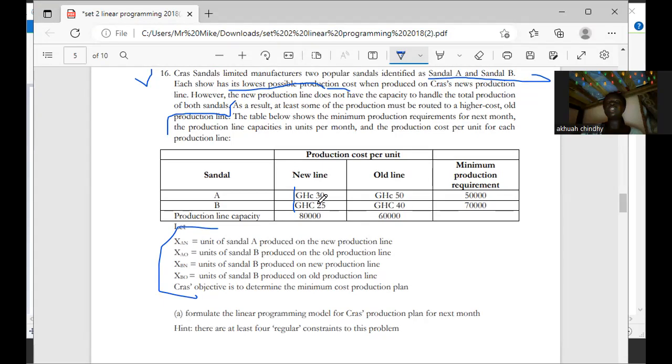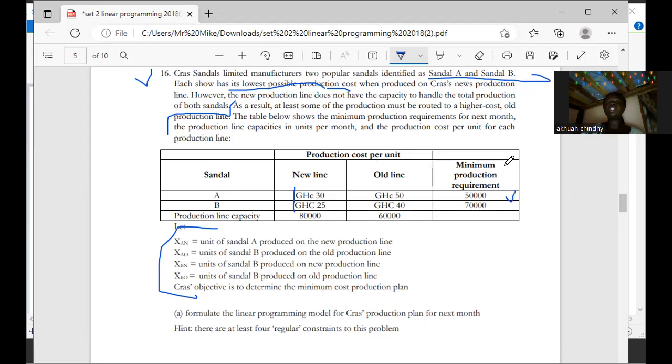Then the table is telling us that Sandals A, right? The minimum production requirement for Sandals A is what? 50,000. So when we talk about minimum, what do you understand by minimum?